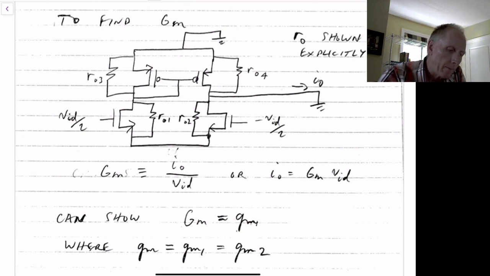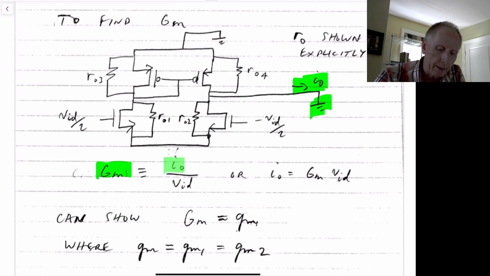And if we go through some analysis, we can show that by definition, first off, we short circuit the output here. We find I out, the short circuit output current. And by definition, GM is equal to I out, short circuit output current, divided by VID. Or I out is equal to GM times VID.